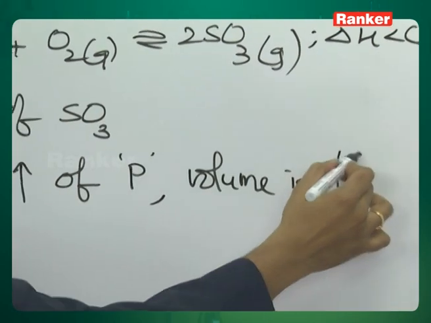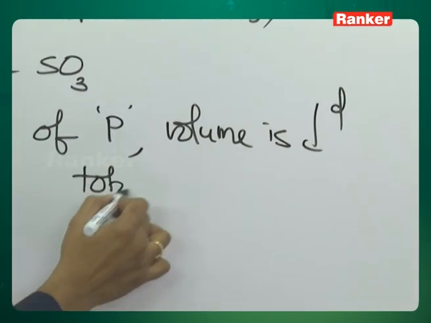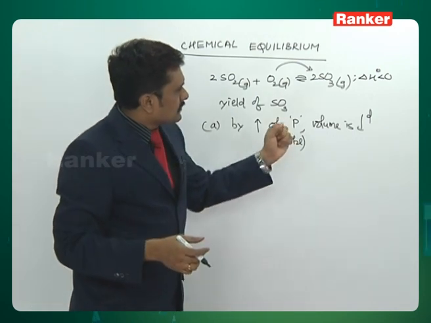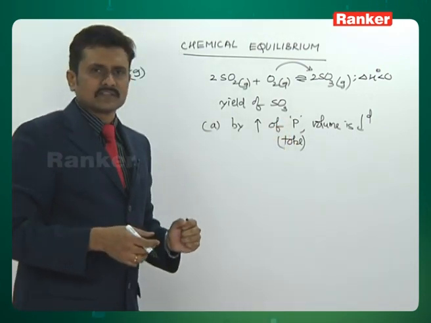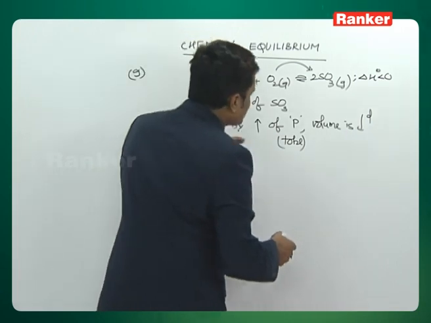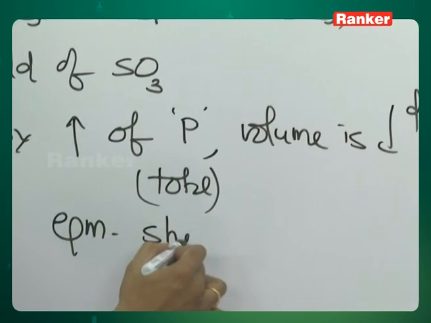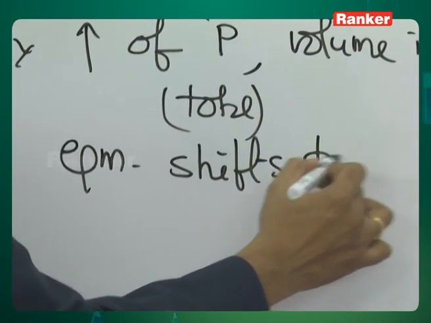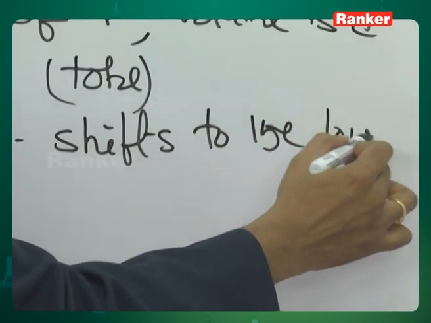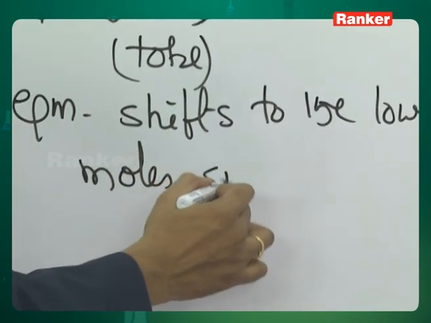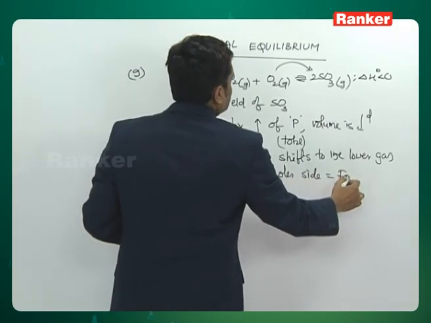I am increasing the total pressure on the entire equilibrium mixture, hence the volume of the gaseous mixture is decreased. When the volume of the gaseous mixture is decreased, the equilibrium shifts to the lower mole side, that is nothing but the forward direction.